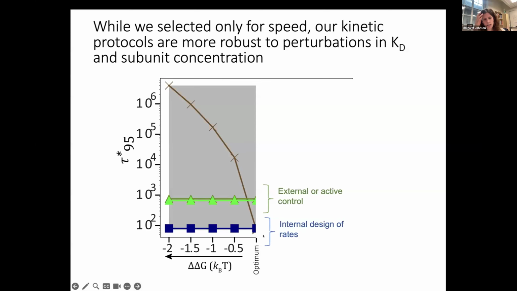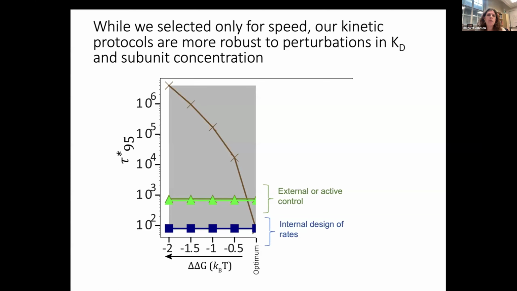They're just as fast. And we were actually able to show that this is because what these pathways have done is they've optimized a forward pathway from monomer to dimer to trimer to tetramer without ever having to dissociate. So they have become completely insensitive to dissociation by trimming off all of these other pathways.